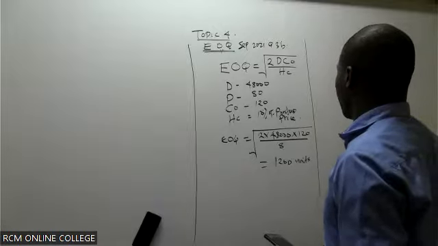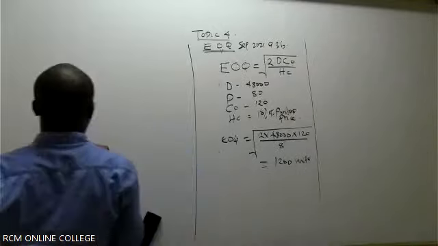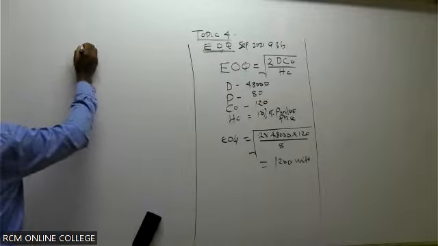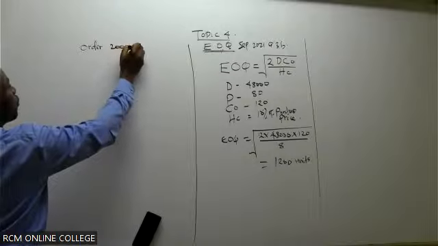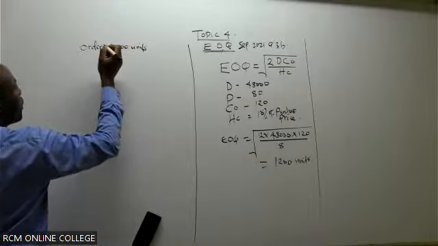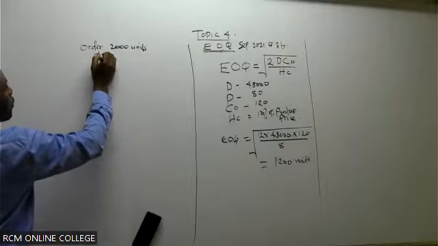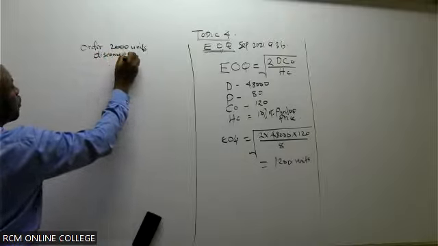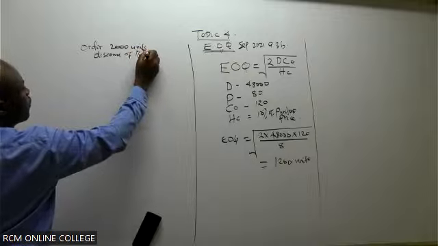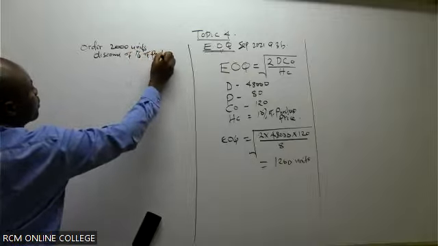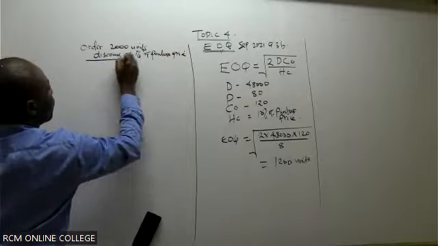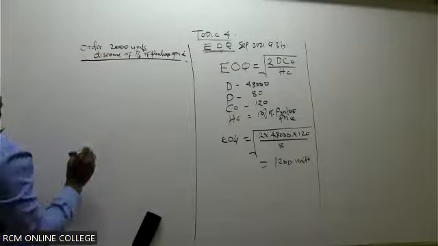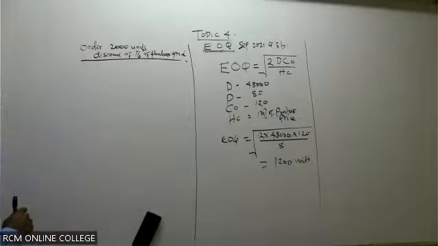The offer is to order 2,000 units, and then enjoy a discount of 1% of purchase price. So if you order 2,000 units, you're going to enjoy a purchase price discount of 1%.